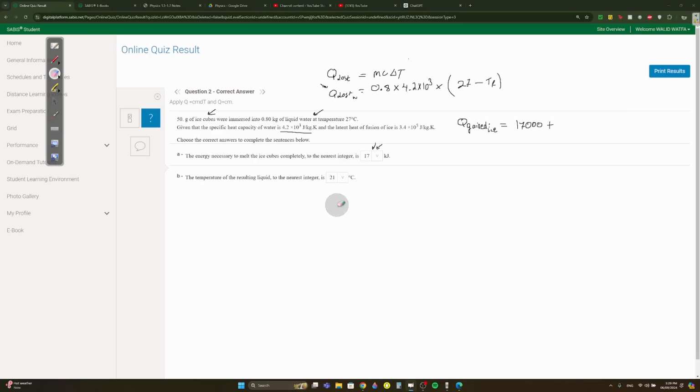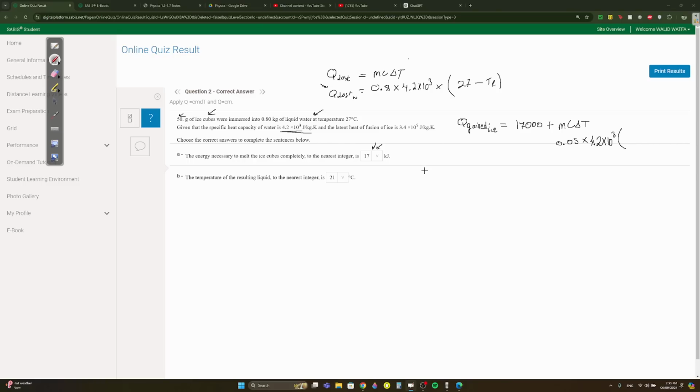No. Now it's continuing to gain some energy, right? And now, since it's water, how do we define the gaining of energy for it? It's mc delta T, right? So what is the mass of the ice here? 50 grams. So 0.05 times the C. C, it's water now, so you can just say 4.2 times 10 to the power of 3 times delta T. Delta T, it starts at 0, right?